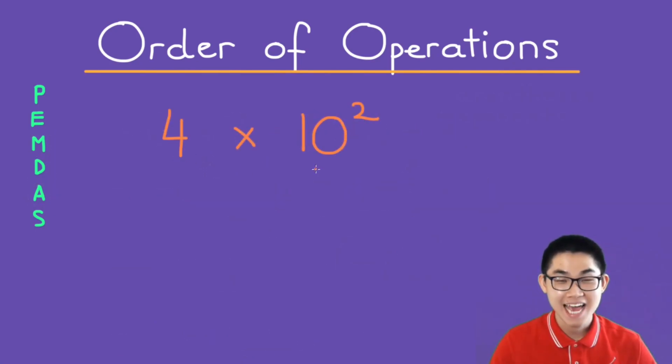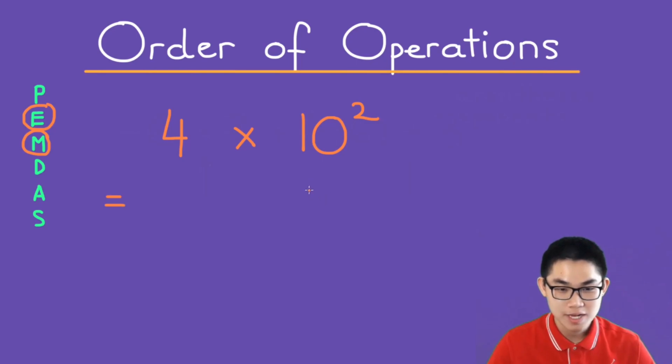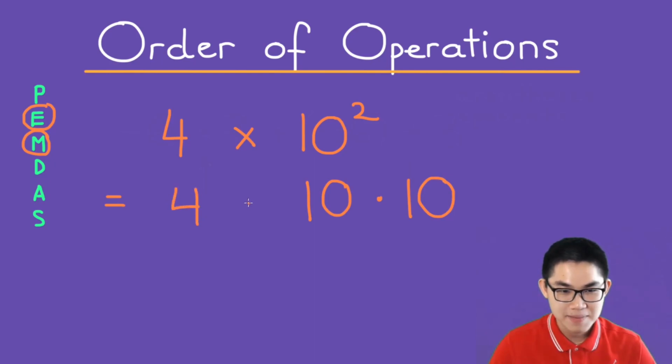4 times 10 to the power of 2. We see multiplication, and we see the exponent. So let's go ahead and do the exponent first. 10 to the power of 2 is the same as 10 times 10. And keep in mind that the dot means multiplication.